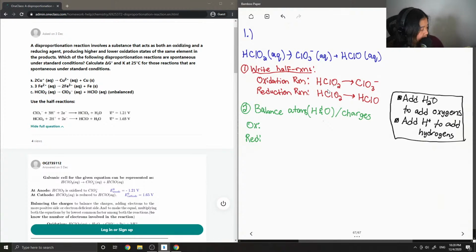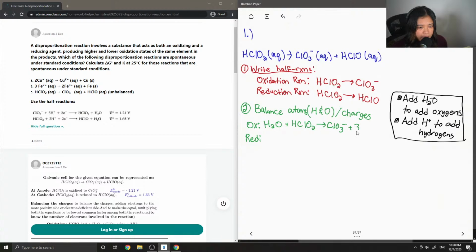Okay, so again, we need an oxygen on our reactant side. So I'm going to add water. So now the oxygens are balanced out, but our reactants has 3 hydrogens, sorry, and our products has none. So now we can add H plus to balance the hydrogens out.